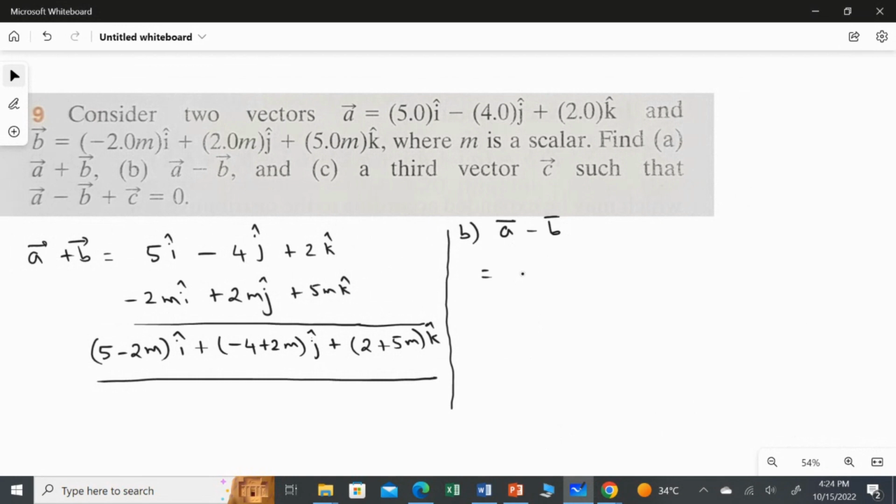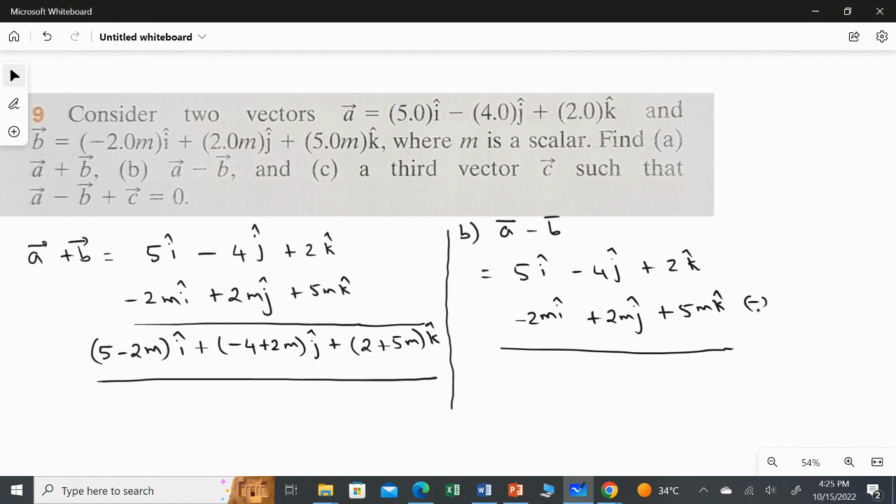So I have to write the a vector again: 5 i cap minus 4 j cap plus 2 k cap, and the b vector is minus 2m i cap plus 2m j cap plus 5m k cap. We have to subtract. Clear? Okay. 5 minus of minus 2m.